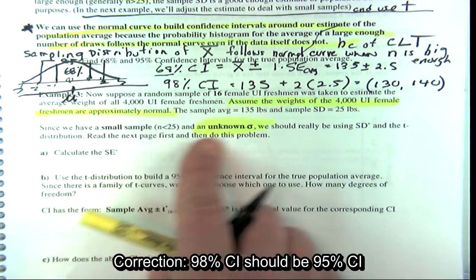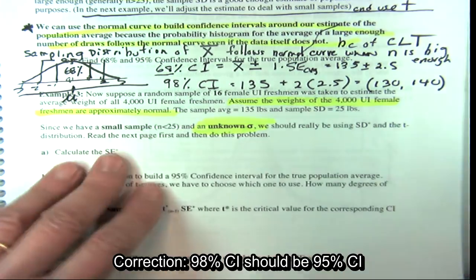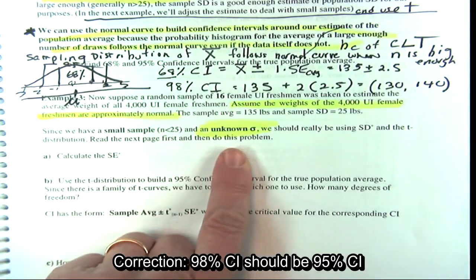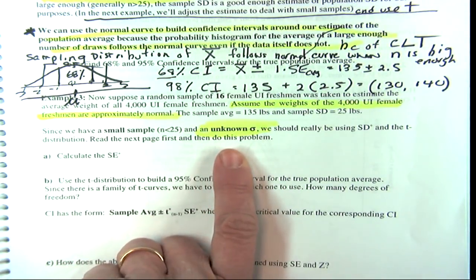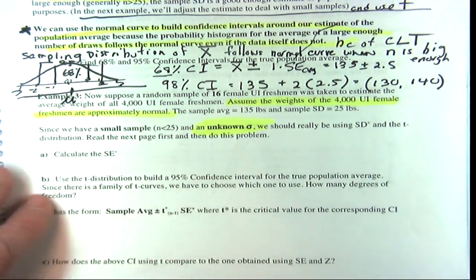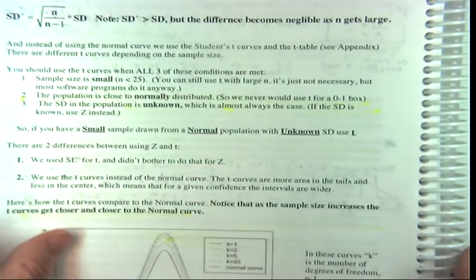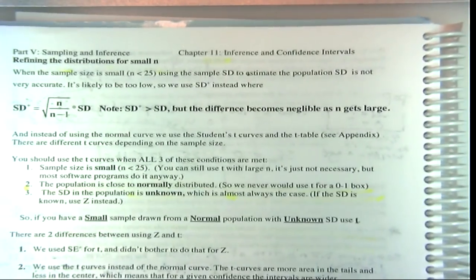Okay, we have to look at the next page. So now we're going to have to do something different. We're going to make two adjustments. Let's just read what we do here on the next page. So we're going to be refining the distribution for small n.